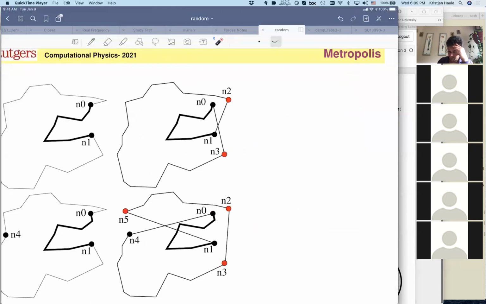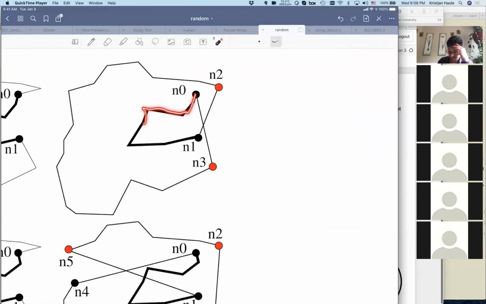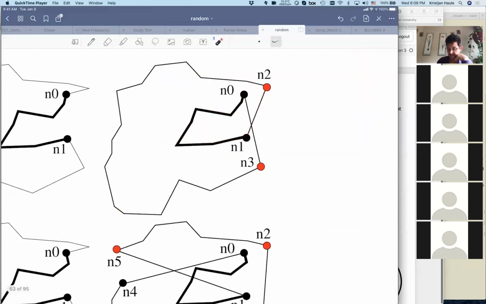So what does it mean? We keep the same path here and we keep the same path outside, and then we add a crossing. In case there was a crossing before, we remove it. In case there was no crossing, we add it.